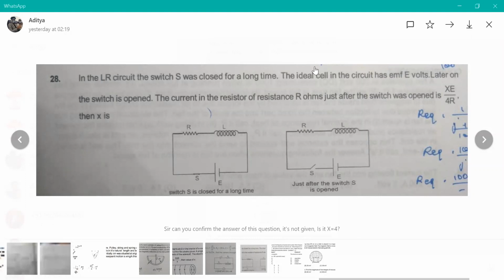Magnetic flux cannot be suddenly created or destroyed. Energy can be dissipated very fast, that's okay, because there can be a very high transient current to dissipate energy through the resistor and all that. But magnetic flux cannot be suddenly created or destroyed. So there's a universal principle called conservation of flux, and that is what is applicable in a situation like this.